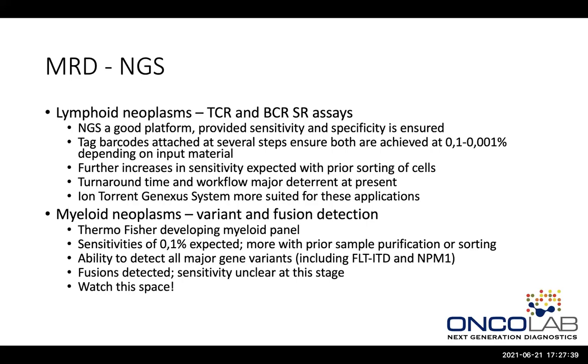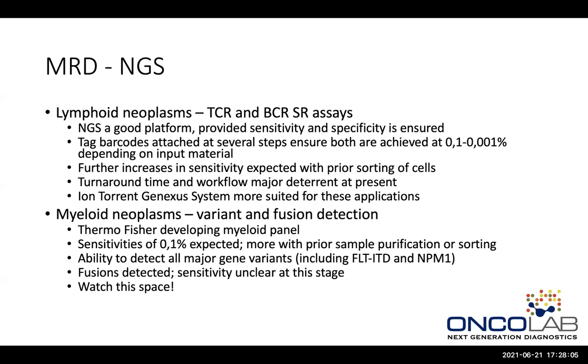And then lastly, the myeloid neoplasms. There's an assay that Thermo Fisher is developing, and unfortunately I can't show you the assay contents, but it's very similar to their myeloid research assay. They expect sensitivities of about 0.1%, more with prior sample purification. So this will detect all of the things that you detected in your initial NGS panel.